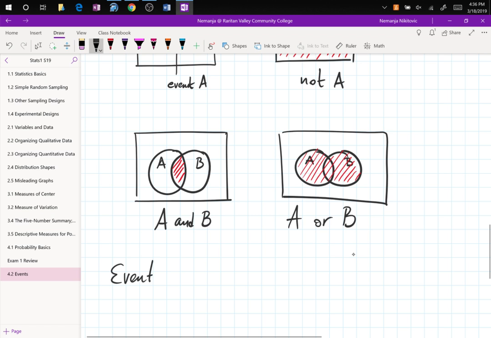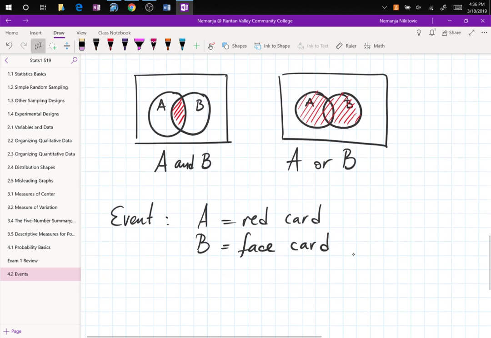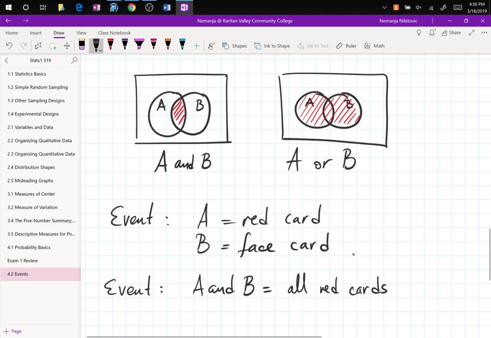Event A, red card, B, face card. So what would be the event A and B? Well, it would be all red cards which are face cards at the same time.